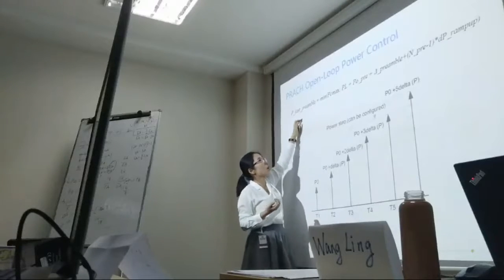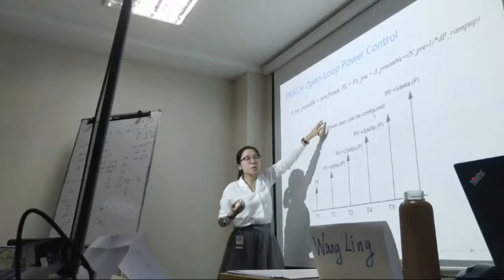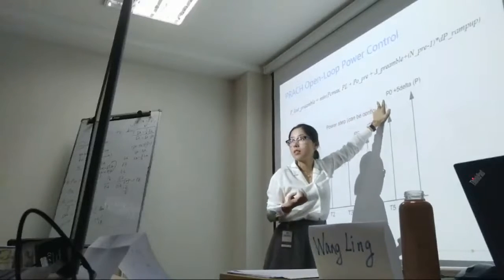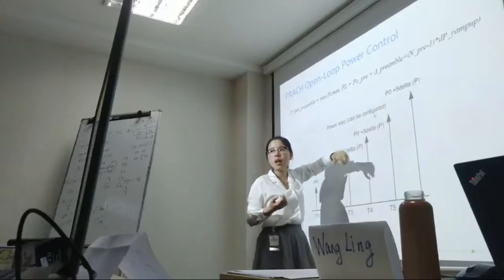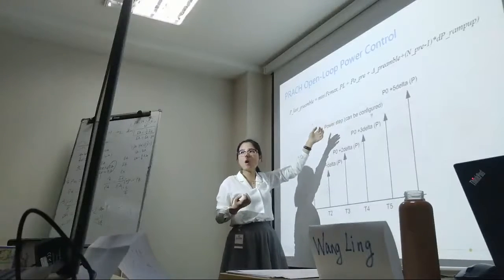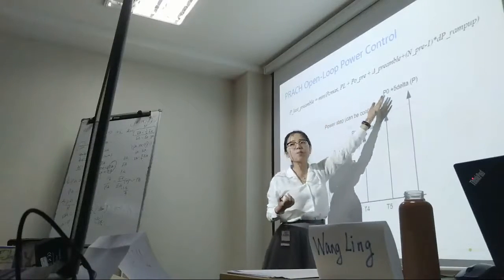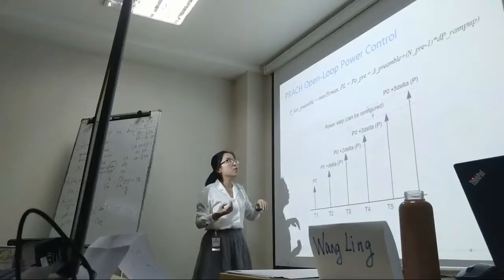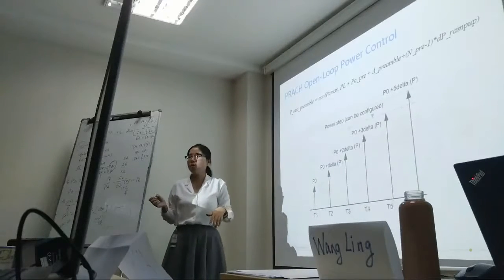So the value is the minimum of the PCMAX and the calculated value. We cannot exceed the PCMAX. So how does the UE calculate it? It is based on the path loss.